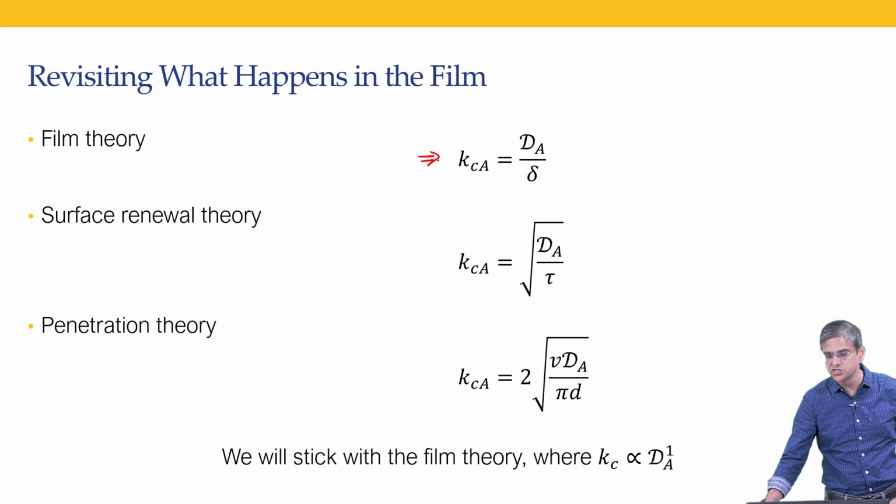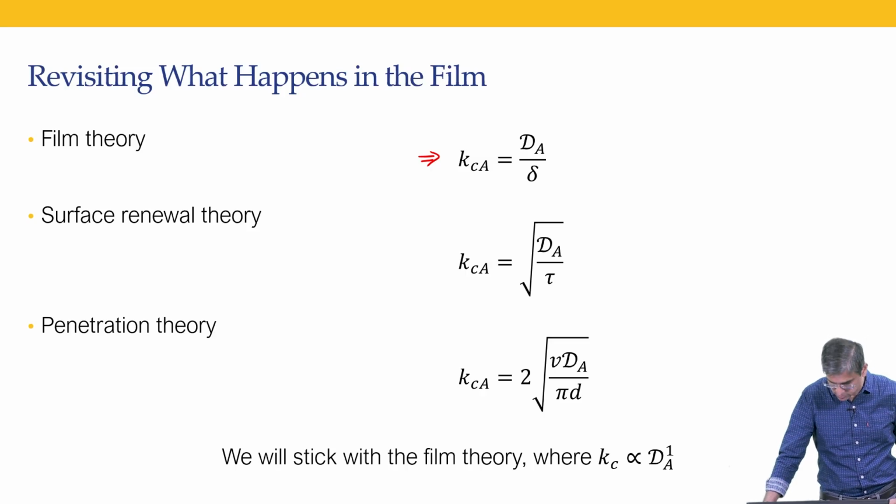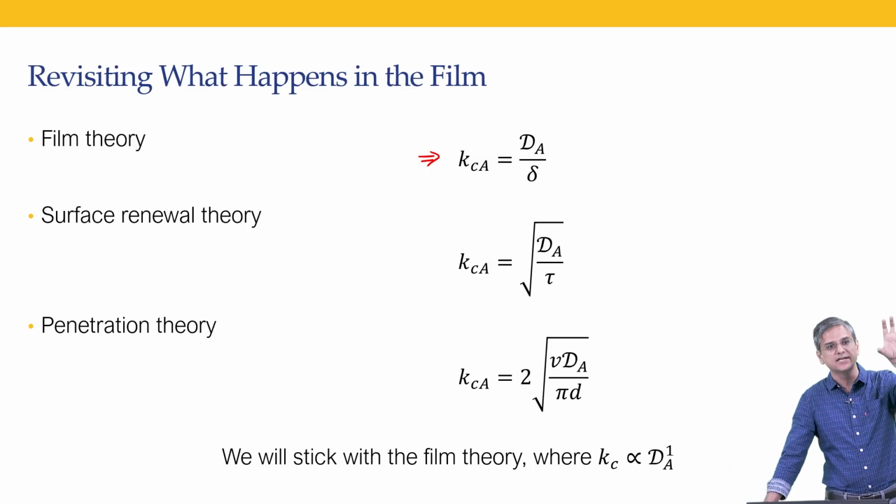K is proportional to the square root of diffusivity for both surface renewal and penetration theories. Tau is the residence time, the time that a packet spends before the surface gets renewed.